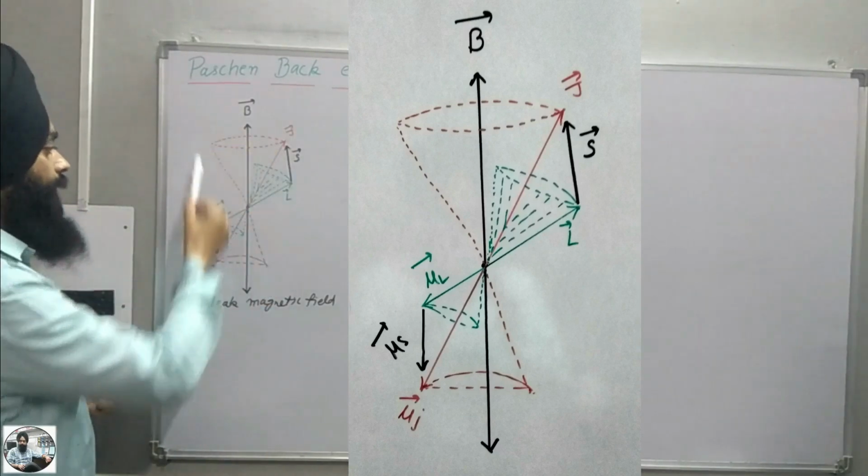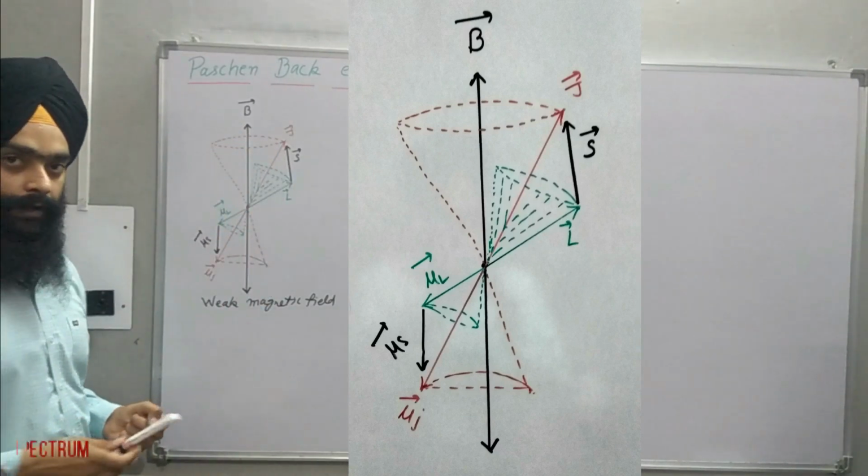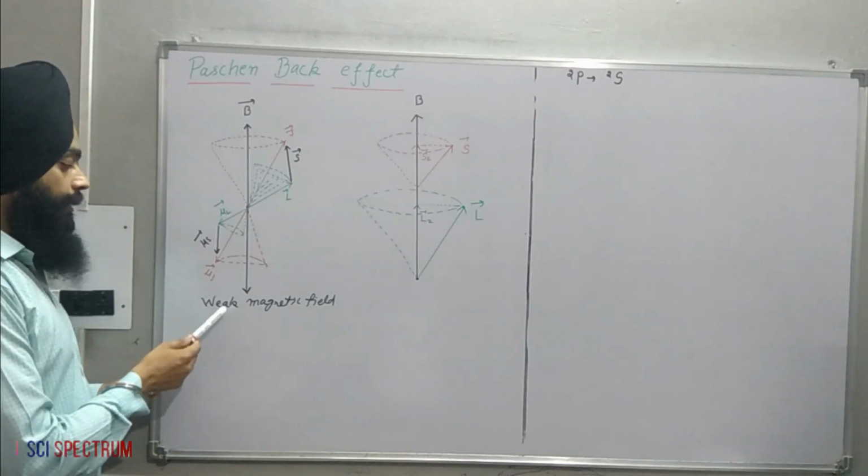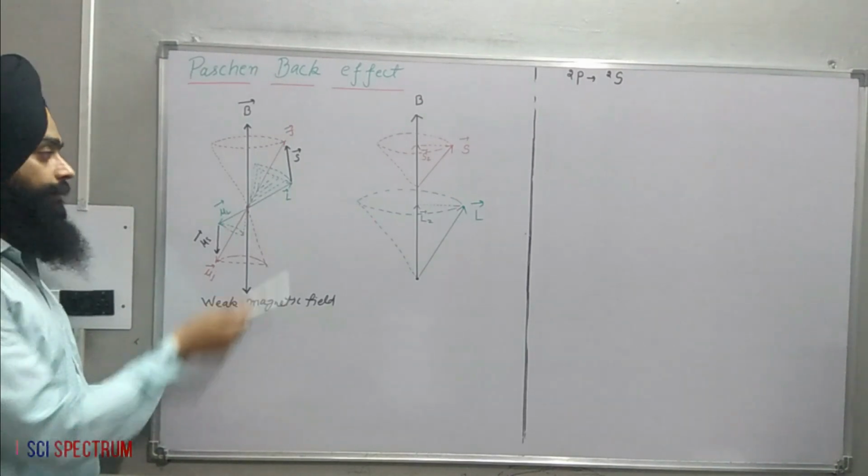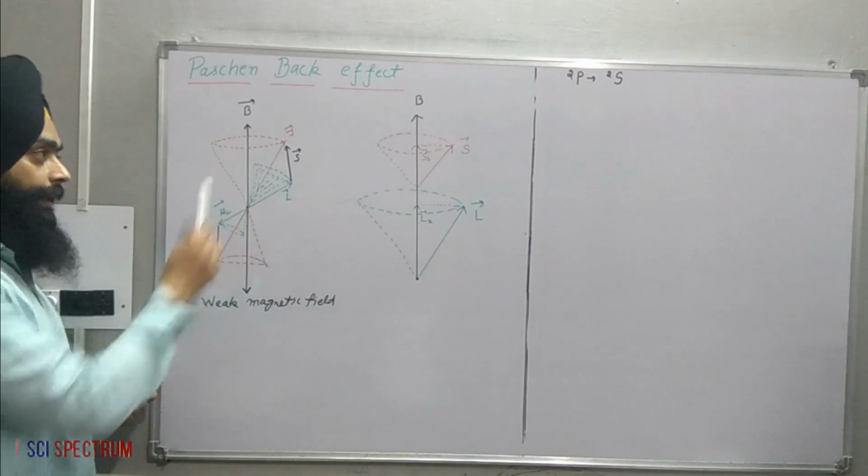So this is the case of anomalous Zeeman effect. I repeat, the external magnetic field is weaker as compared to the internal coupling between L and S.